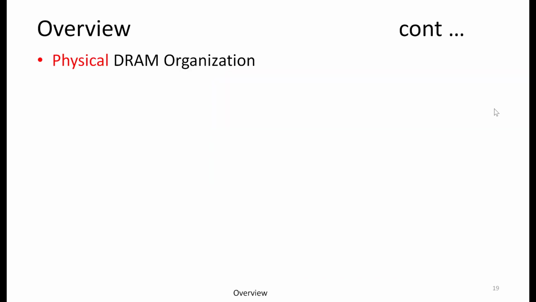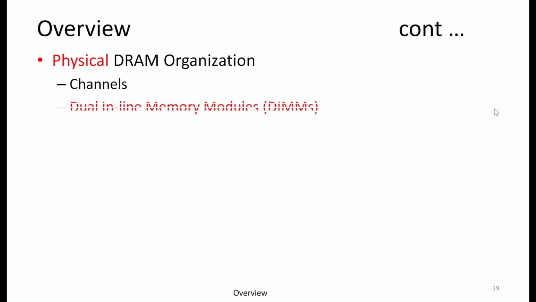Now with all the understanding of the DRAM cell, array and DRAM device, let's come to the physical DRAM organization that we can actually see with our eyes. Yes, the physical DRAMs are divided into channels just like in the logical organization, but now channels are divided into multiple DIMMs, dual inline memory modules.